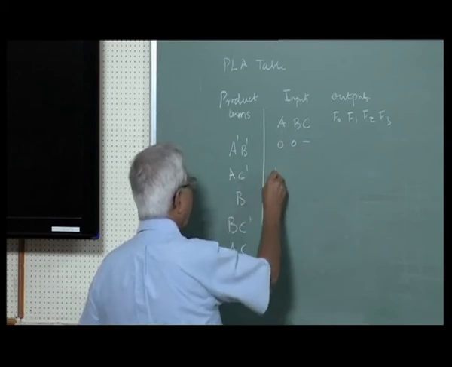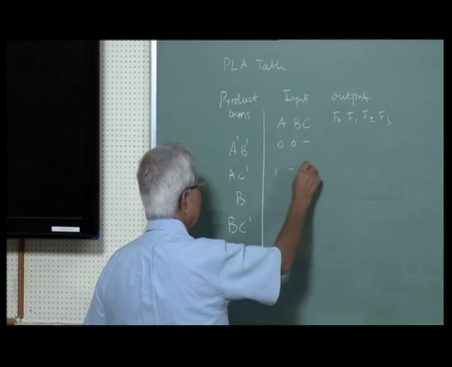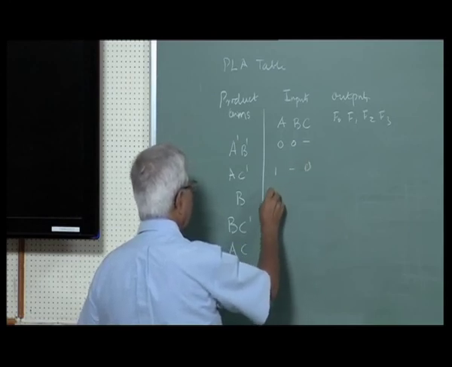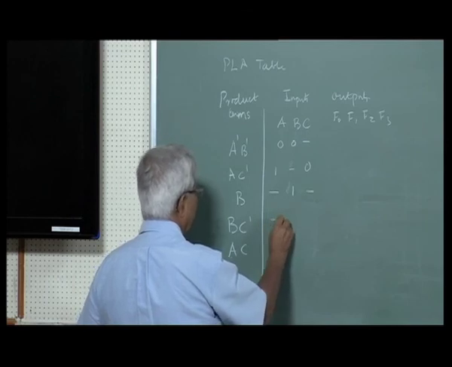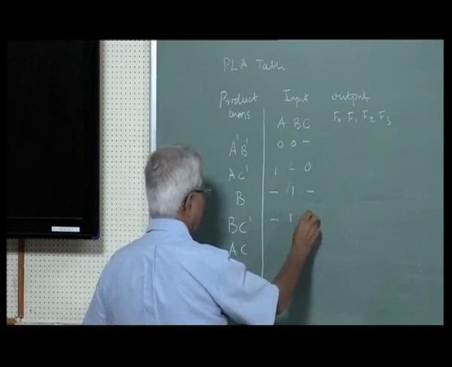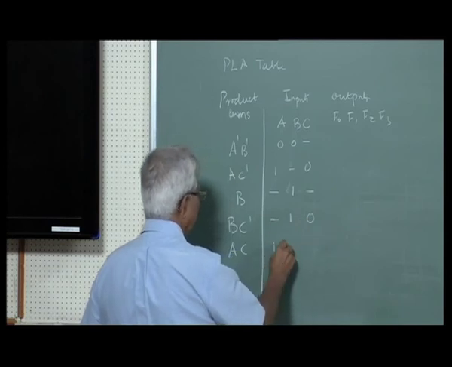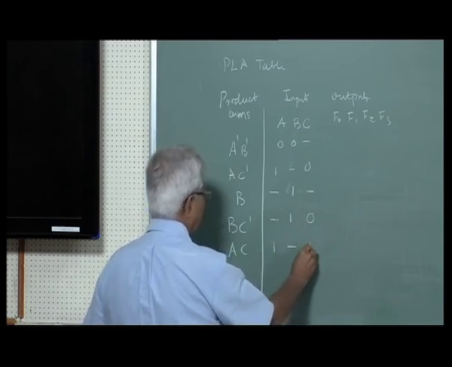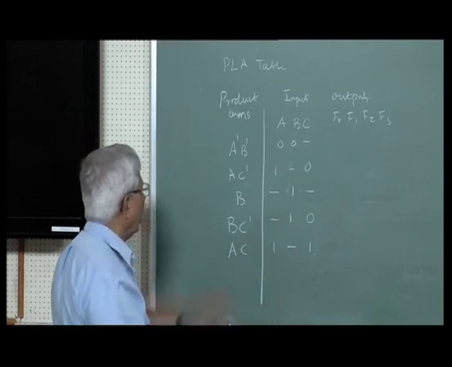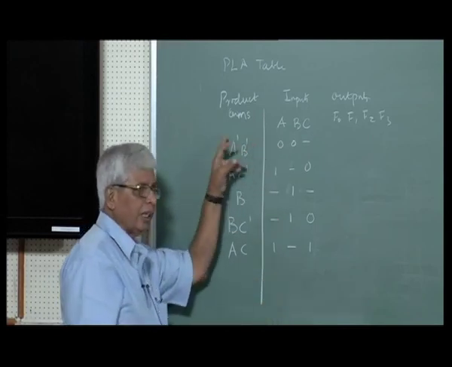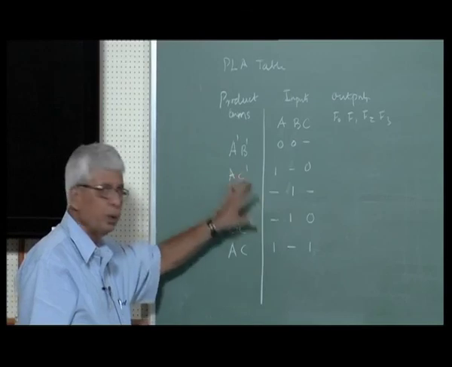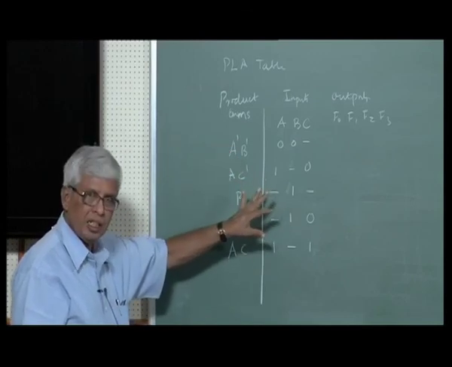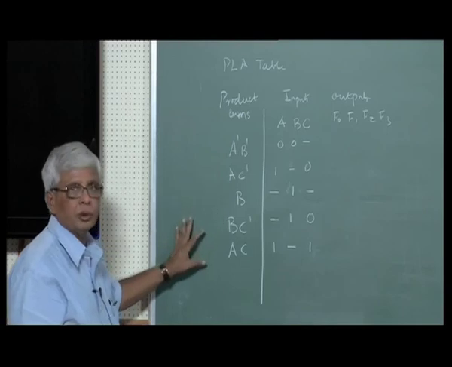Second product term, A is 1, B is not there, C is 0. Third product term, A is not there, B is 1, C is not there. Fourth, B is 1, C is 0. Fifth, A is 1, B is not there, C is 1. This is the input. What inputs are taken for each of these product terms, that is what this shows: the different inputs of ABC required for each product term.